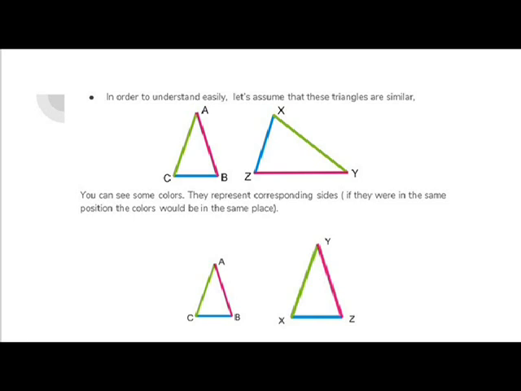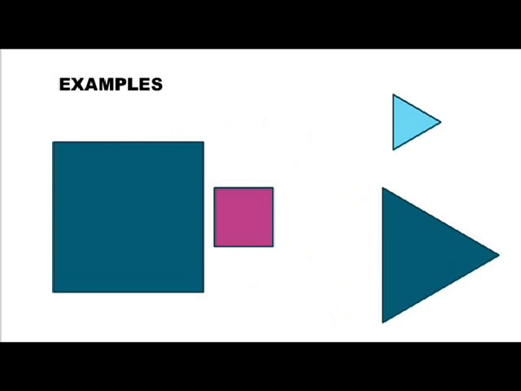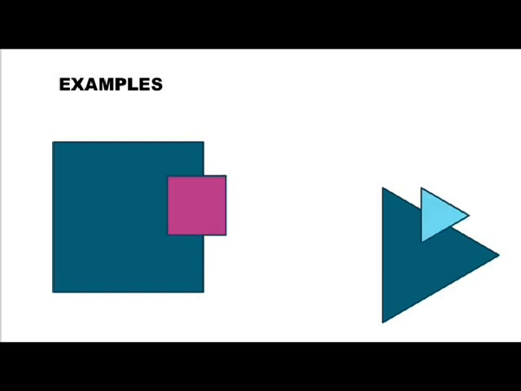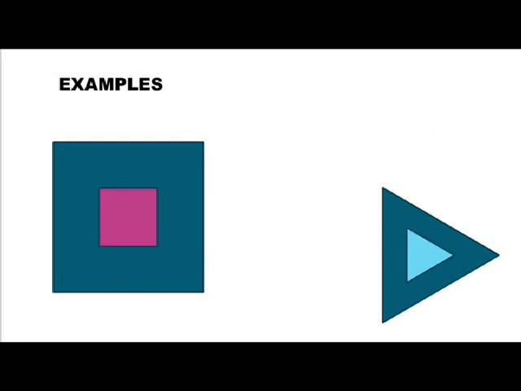For example, we now have two squares and two triangles. We can have them separated. These are similar because they have the same figure. Now they are touching. They continue being similar. You can place the figures in the middle.